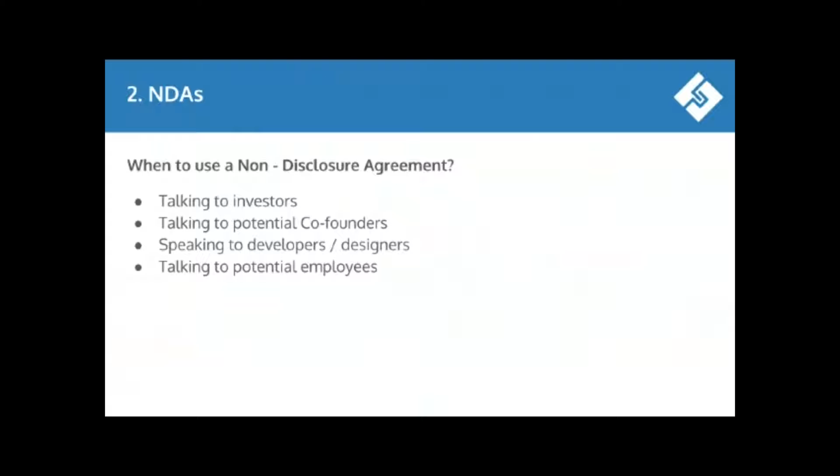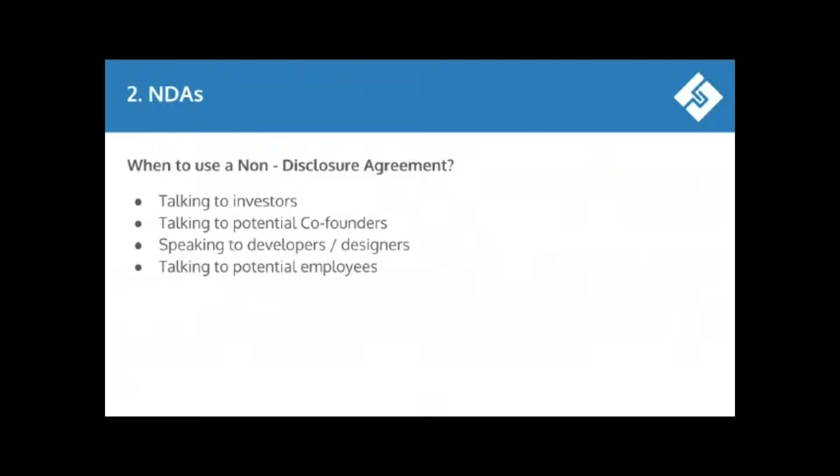It's often a very simple document, only 1 or 2 pages, and it will have the two parties and the purpose of the confidential information being shared, and it will not allow one or both parties to share that information with anyone else. Now, one thing to note is if you are starting a business and looking for investors, especially venture capital firms or high net worths, they will often have a blanket rule that they do not sign NDAs.